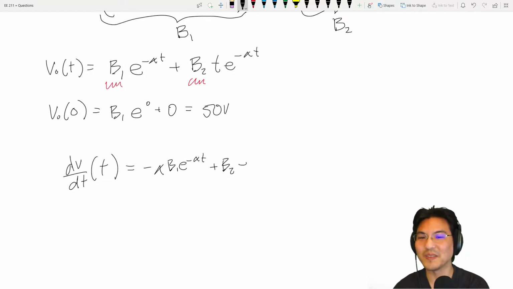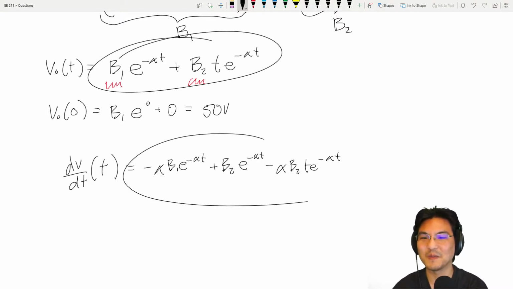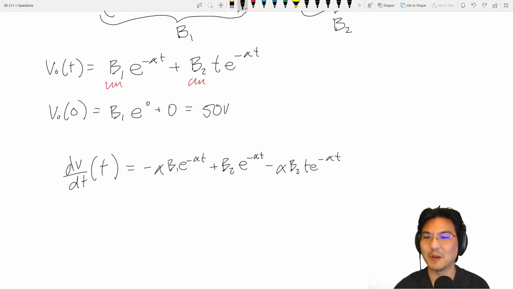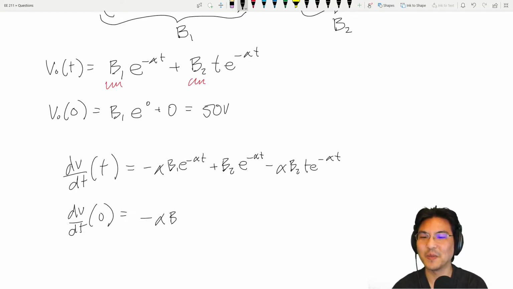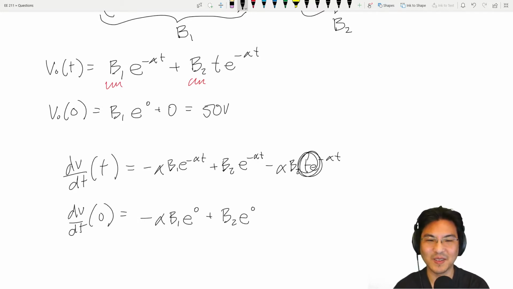Derivative of t is 1. And then minus alpha B2 t e to the minus alpha t. I just took the time derivative of this, which is this. And now we set t equal to 0. So minus alpha B1 e to the 0, which is 1, plus B2 e to the 0. And then there's a t over here, so this whole thing is 0.